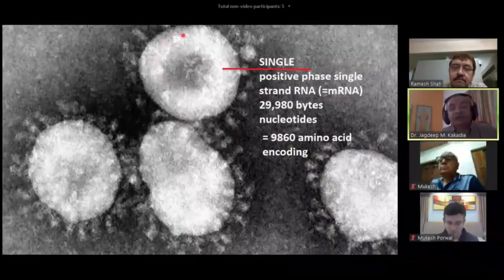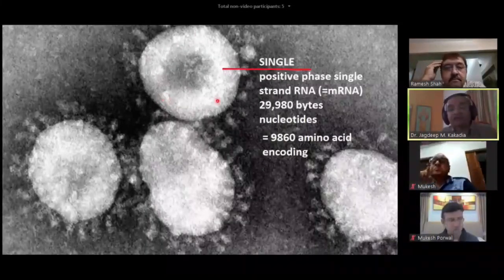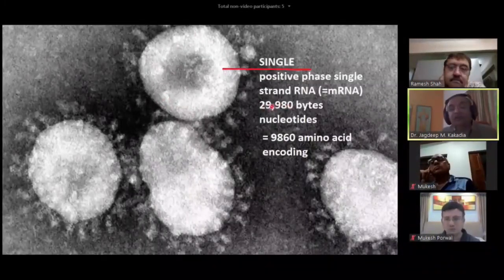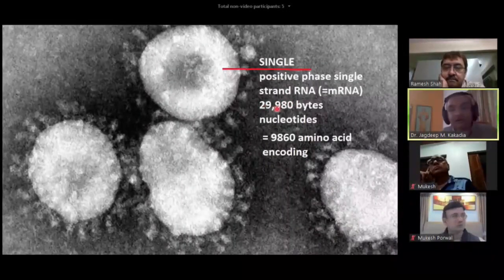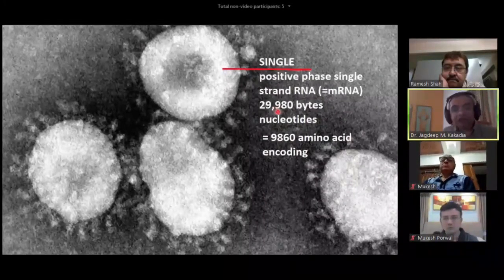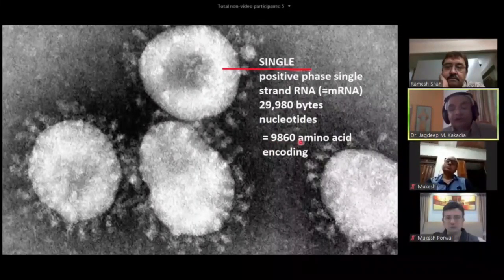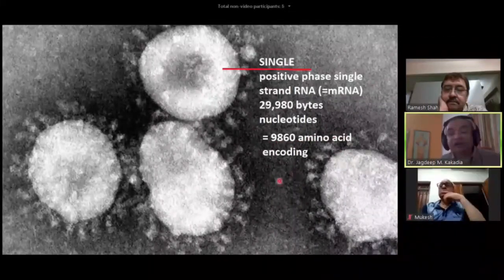And it's such a big genome, very few viruses have such a large genome, 29,980, so it's almost 30,000 bytes. So there are 30,000 nucleotides. That means the 30,000 nucleotides carry instructions to the cell to produce 9,860 different amino acids.